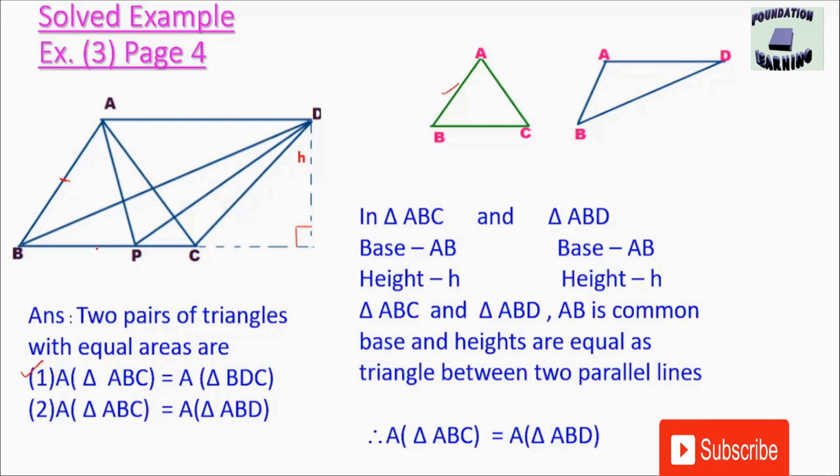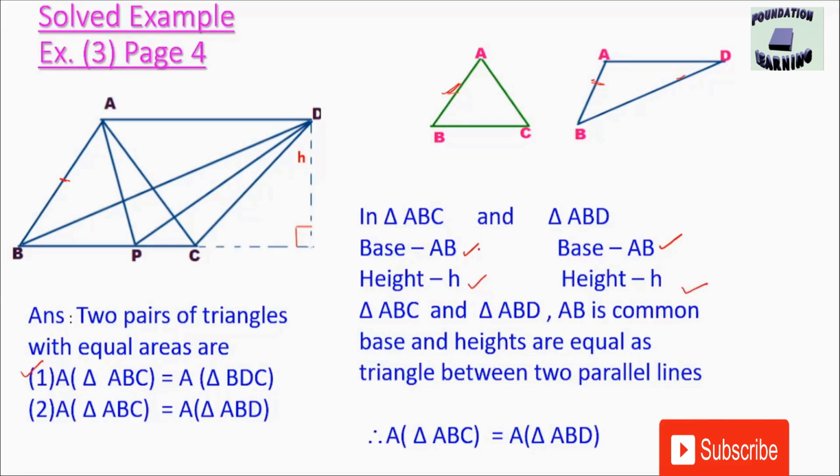Earlier we took BC as the base, but here we're going to take AB as the base, and here also you will find that they have the same base. You can look at a triangle from any angle, right? So if you're taking this as the base, for ABC the base is AB, and for ABD also the base is AB. As we said earlier, the height is the same for both the triangles.